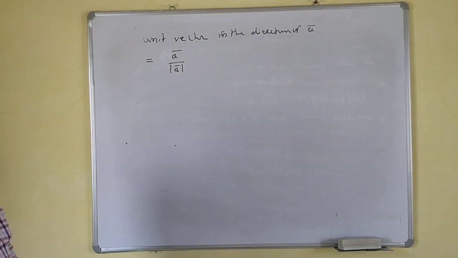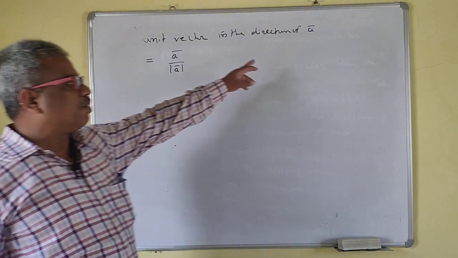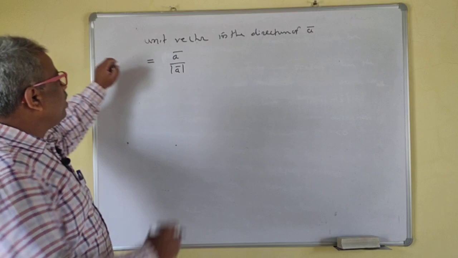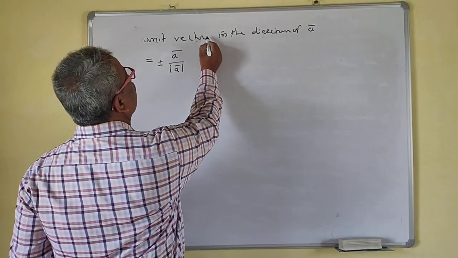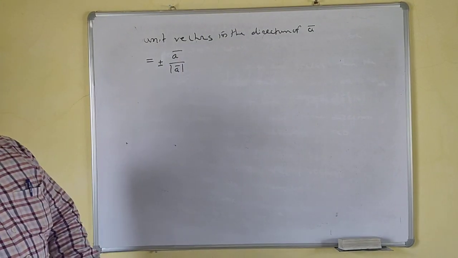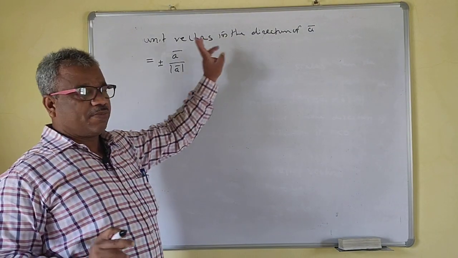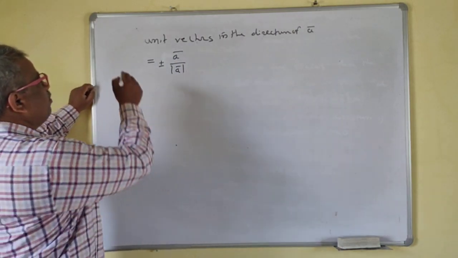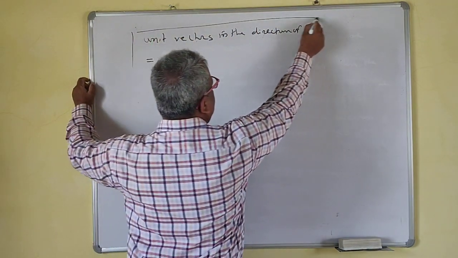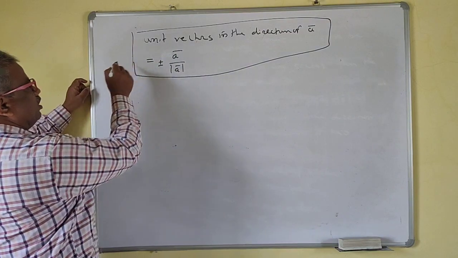You may write this with plus or minus also. So the unit vectors in the direction of a bar are nothing but plus or minus a bar upon mod of a bar. Remember this as a formula.